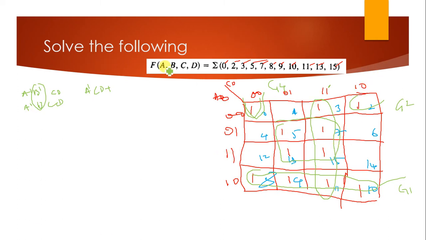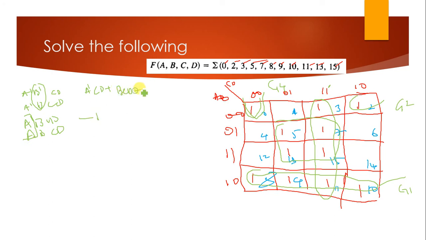CD remains the same, that is A dash B CD and A B C D. Which is changing is this thing. So the output is B, C, D.